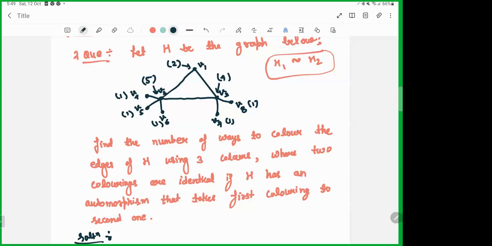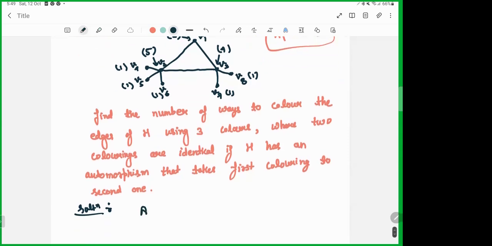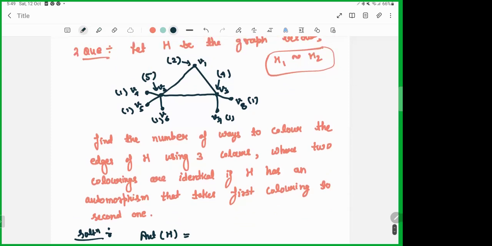Basically, the leaves can shift. All other things stay the same. So what is the automorphism group of H? We have 4, 5, 6 as leaves, so basically all the combinations of them.